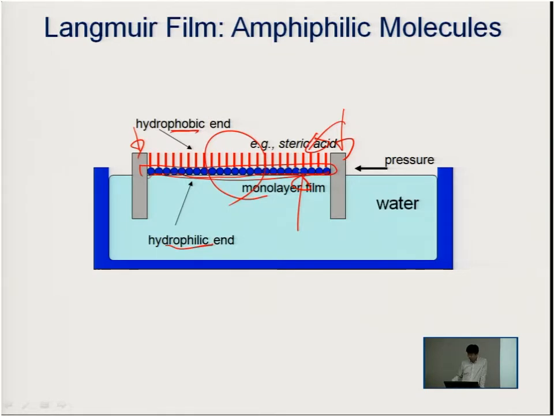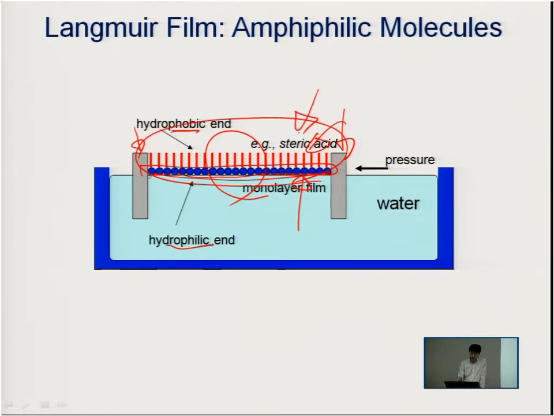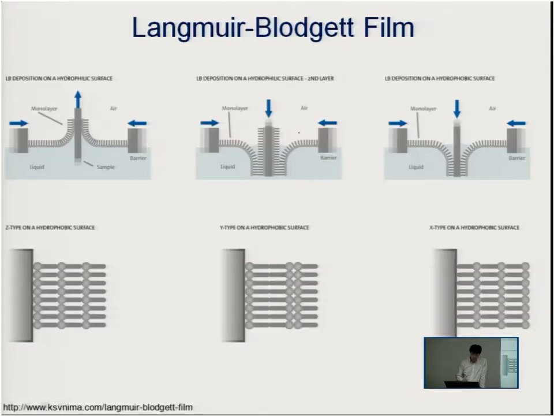So after we make this organic film dense, we pull the substrate out of the reservoir. As we pull out the substrate, the layers come up together with it, forming layers on the substrate.